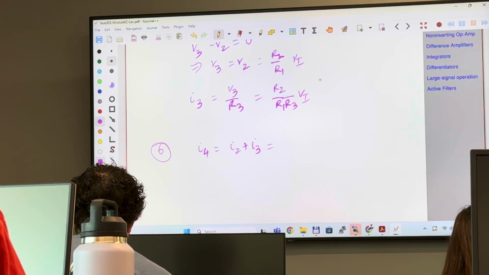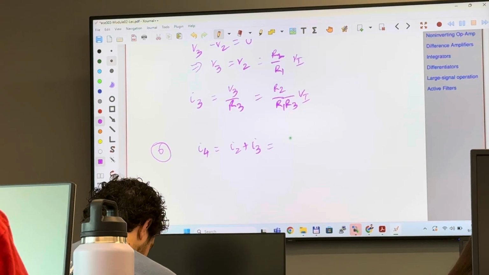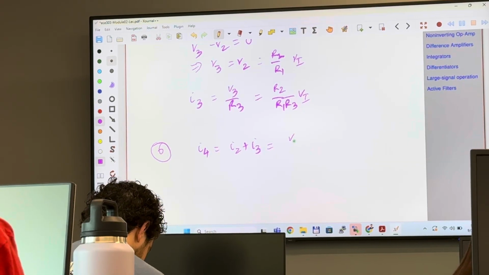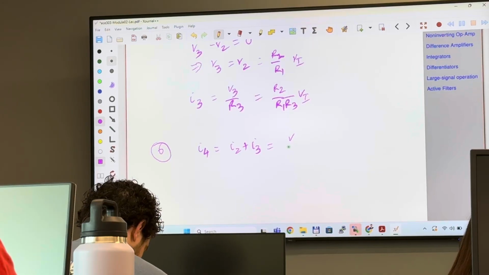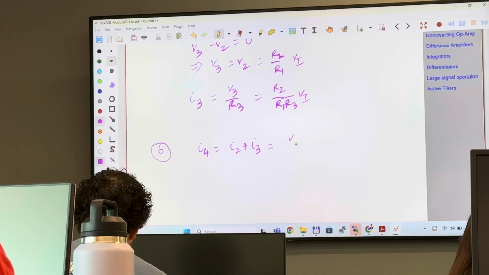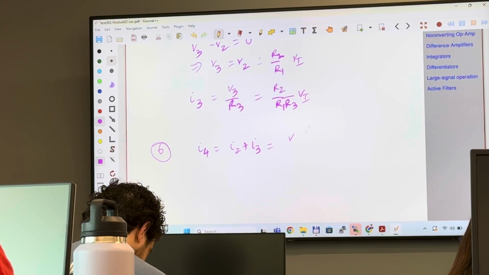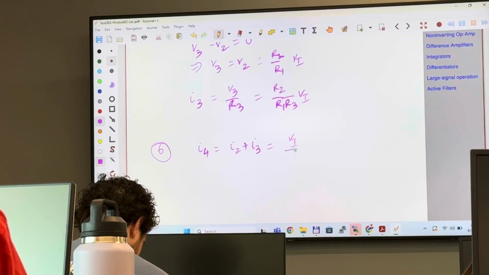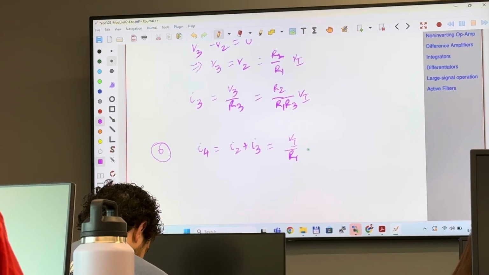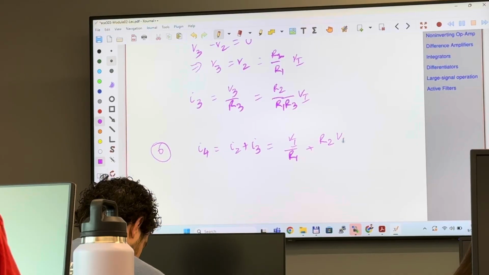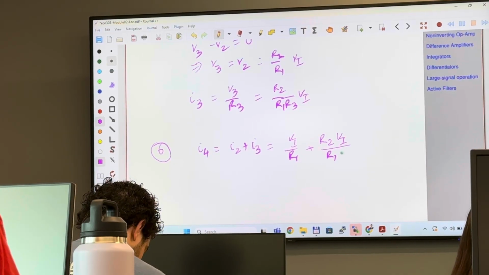What is I2, guys? Yeah, V2 over R2, and we did find I2 is simply I1, right? So I1 was Vi over R1, right? And I3, we found R2 Vi over R1 R3. Right?